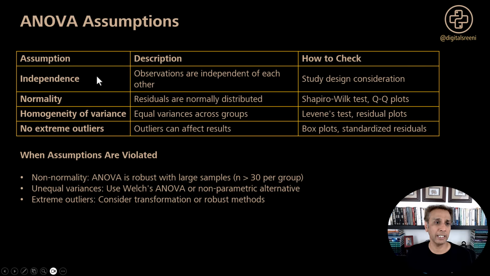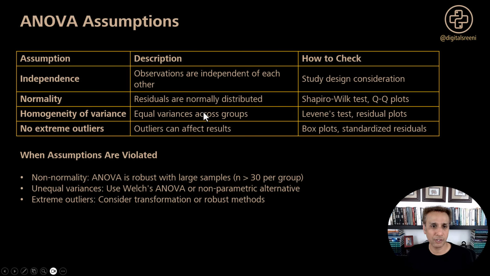But before jumping in there, let's look at the assumptions. When can you use ANOVA? Like any other statistical test, there are certain assumptions. One is independence: observations are independent of each other, not dependent. Normality: the residuals are normally distributed. Again, we can use the Shapiro-Wilk test, for example, and a QQ plot to look at it visually.